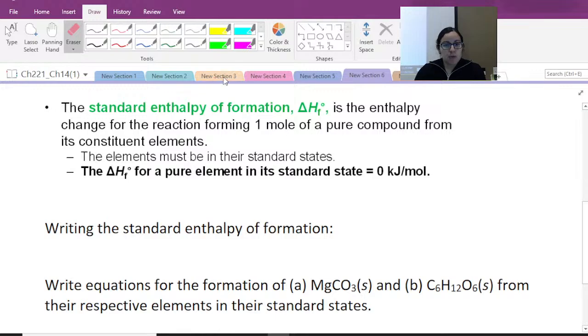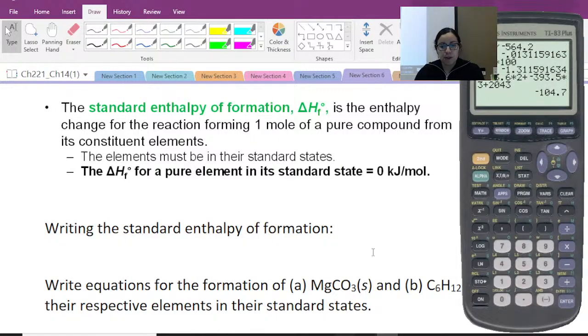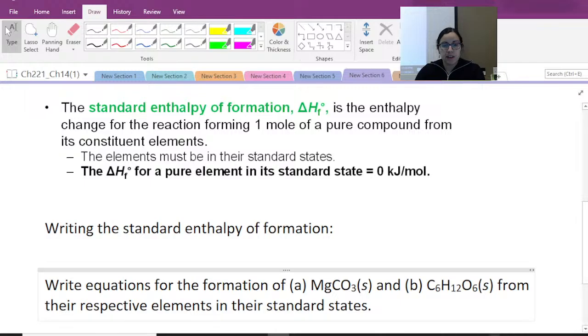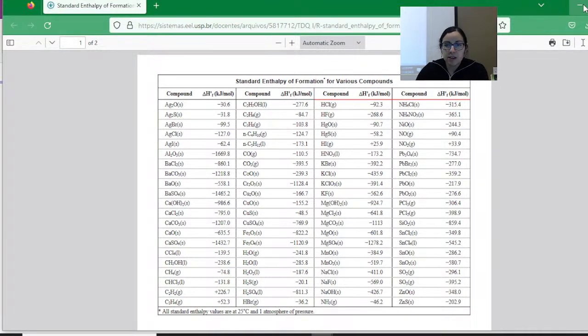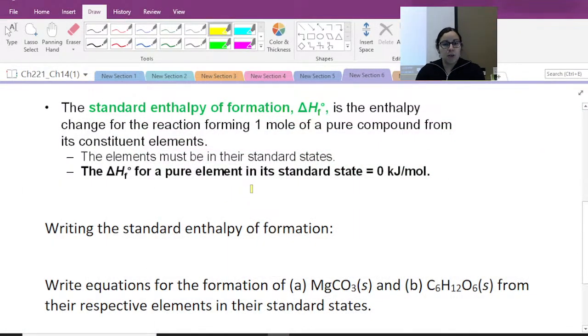We saw the values, right? First we just said it means this, and we had our chart. But now we're going to really define what we are measuring. So let's look at the definition. It's the enthalpy change for the reaction forming 1 mole of pure compound from its constituent elements.